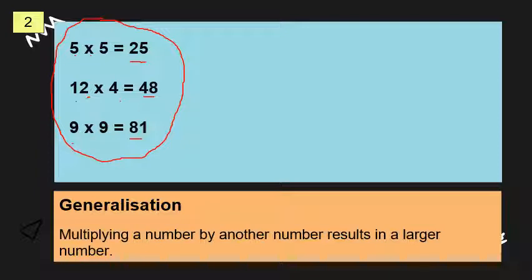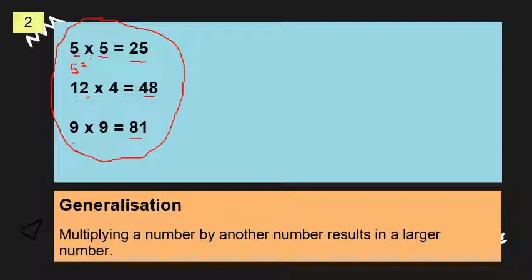So I'm going to say multiplying a number by another number results in a larger number. Seems fair enough. I know that multiplication is like repeated addition. This 5 times 5 is like 5 plus 5 plus 5 plus 5 plus 5, or like 5 squared. So 5 multiplied by itself, or 2 5s multiplied, I should say.